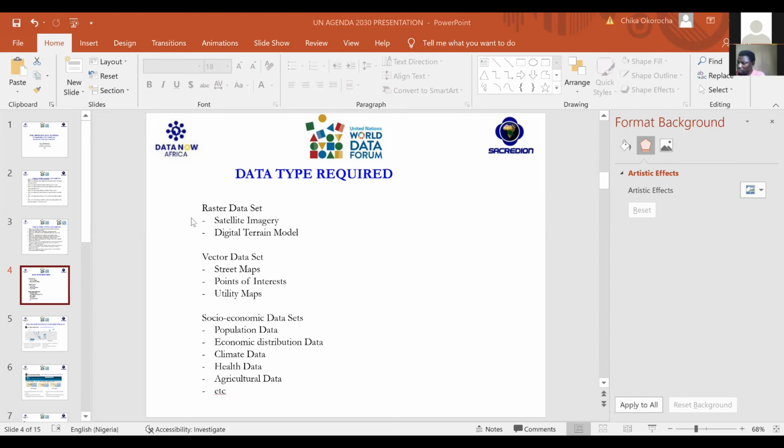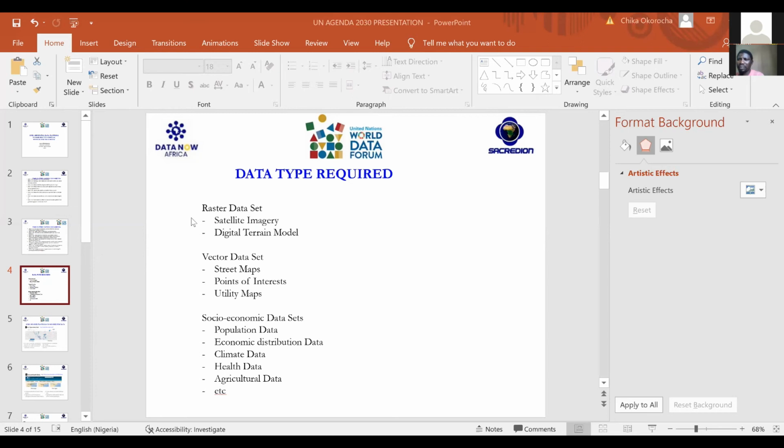Now there is a call for more geospatial data, so that government invests in geospatial data so that it's open and people can have access. People can also ask questions, like, oh, my location is not here. Why?